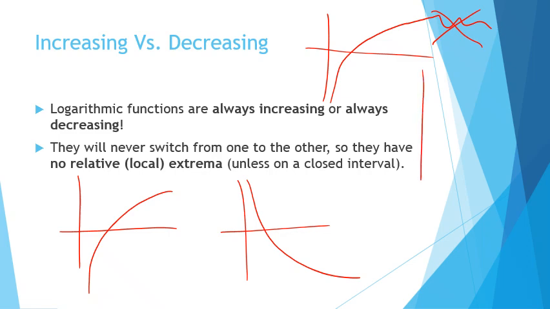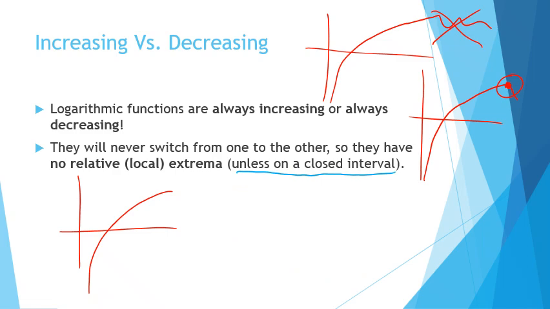For example, the only way you would get local extrema is if you're going up and then all of a sudden go down to produce that local min or that local max. There's one small case where you can see local extrema with these functions, and that's on a closed interval. For example, let's take this function and look at, let's go between these two points.